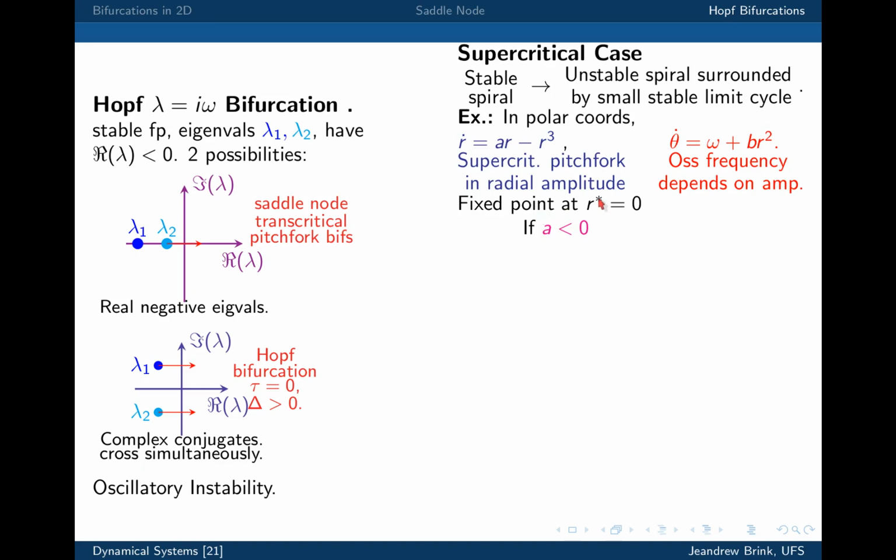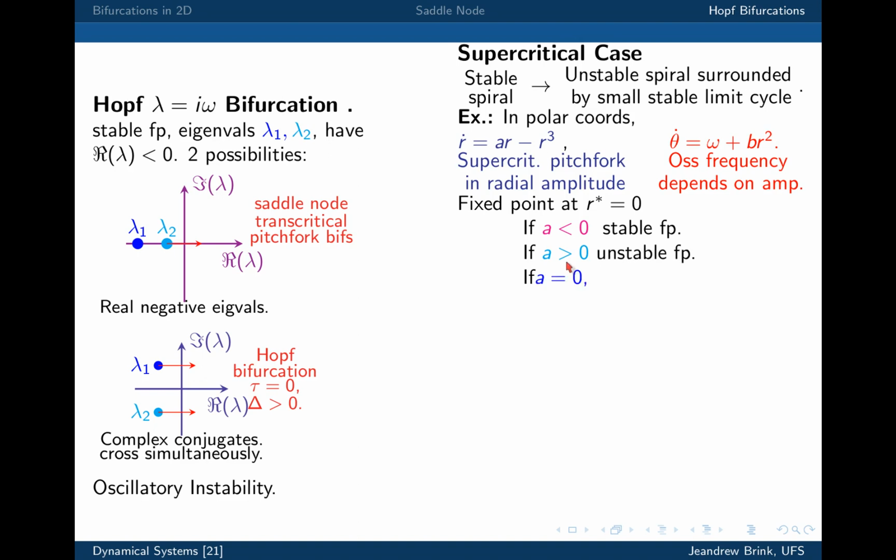So at r equals 0, if a is less than 0, then it's a stable fixed point, because you basically have minus something times r, subtracting a much smaller number. So basically the dominant thing goes like e to the at. So it decays to 0 if a is less than 0. If a is greater than 0, you have an unstable fixed point.